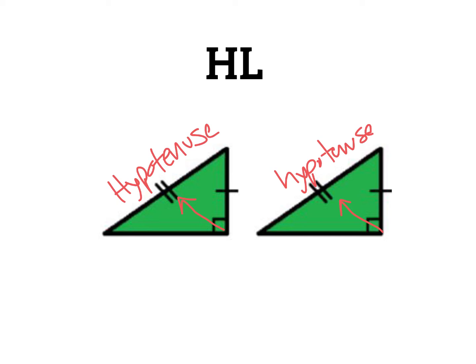If you have a right triangle, this is the first theorem that I always check. Am I given the hypotenuse, and am I given one of the legs of the triangle? If I know the hypotenuse and one of the legs, then we use hypotenuse-leg as a theorem to prove that they're the same. I don't need 3 sides or 3 angles or angle-side-angle. We don't need any of that. We just need to know that it's a right angle, and then the hypotenuse and the leg.